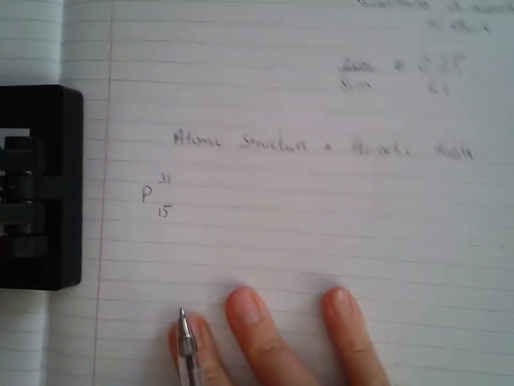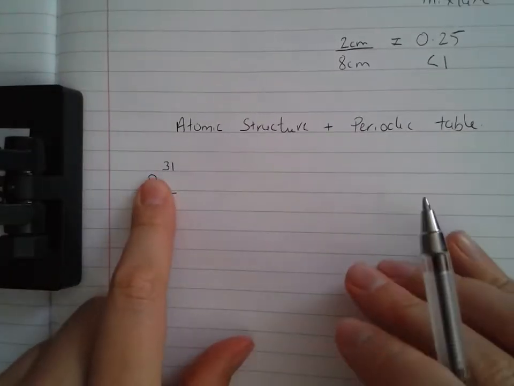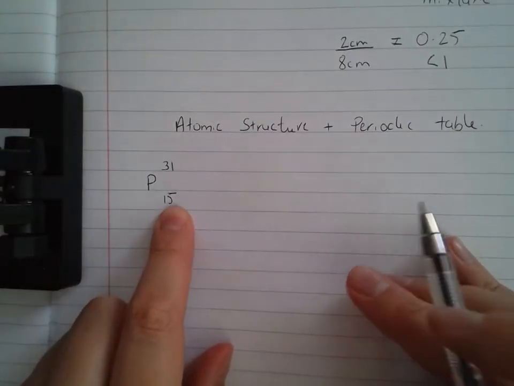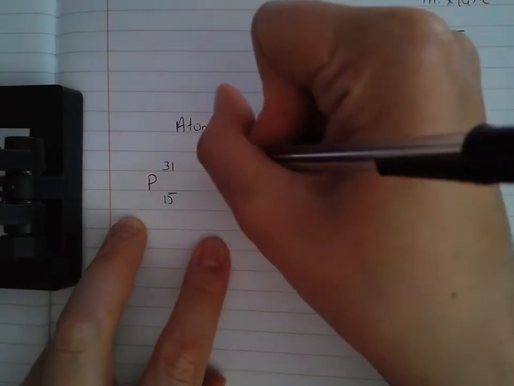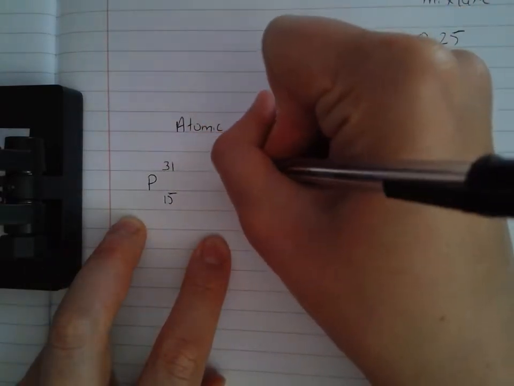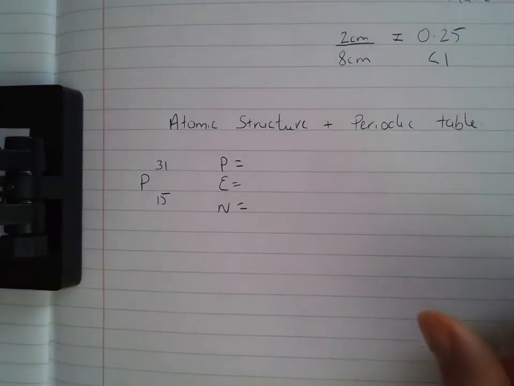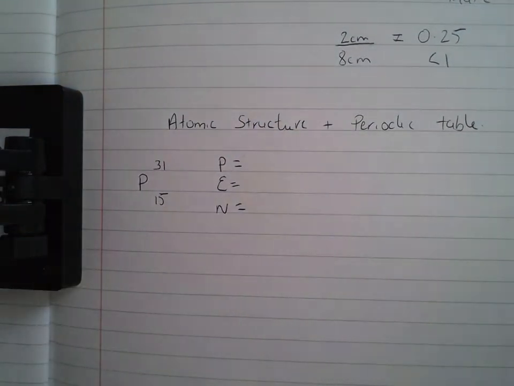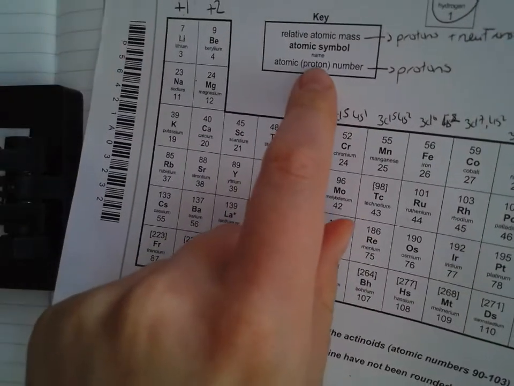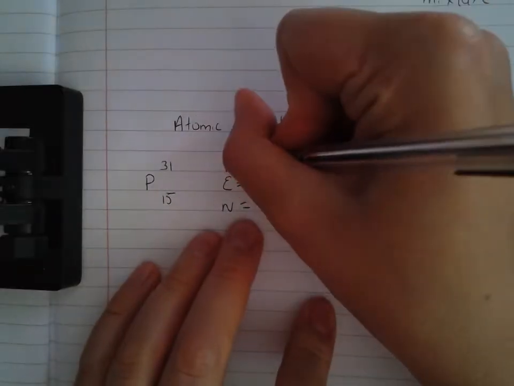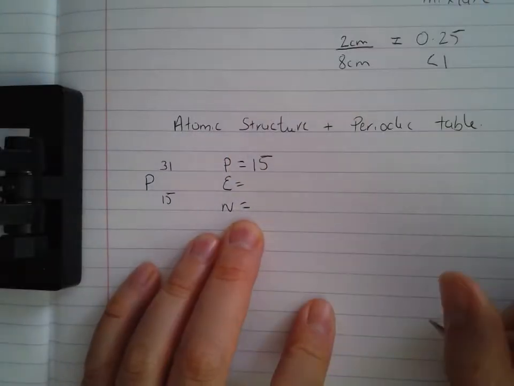So if I go back and look at my example, I've got phosphorus with a mass number of 31 and an atomic number of 15, and I want to work out how many protons, electrons, and neutrons phosphorus has got, okay? Again, on my periodic table, it tells me that the protons is the number at the bottom, and for phosphorus I see that's 15, and that tells me that I've got 15 protons for phosphorus.